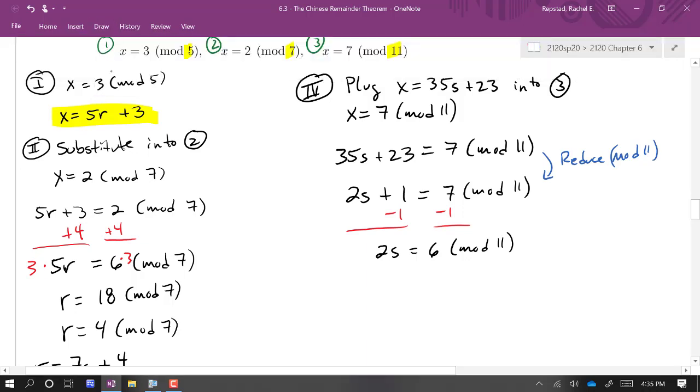I mean, or the program. 11 is small, so it wouldn't take too long just checking each option. But you should find that 6 is the inverse of 2. 6 times 2 is 12, and that's certainly 1 mod 11. So we get s equals 36 mod 11. And 36 mod 11 is 3.